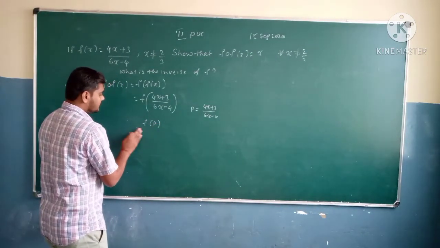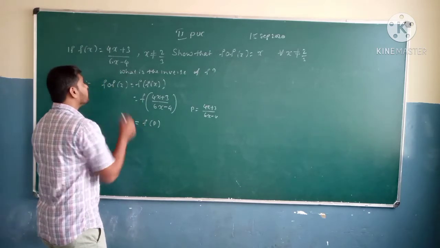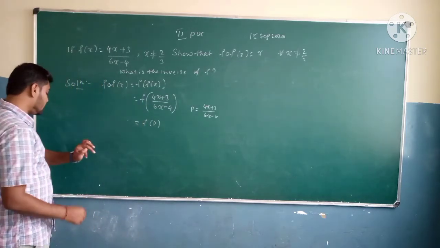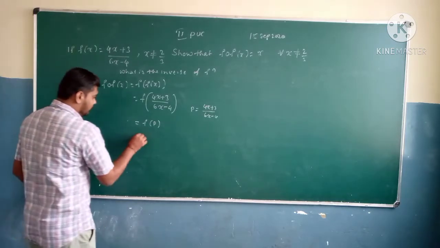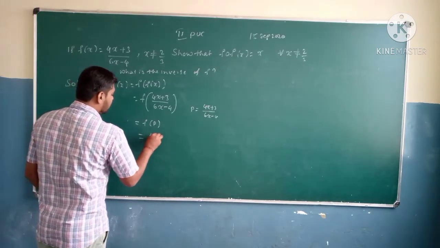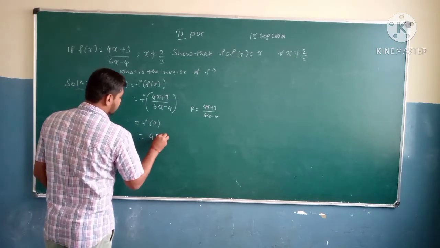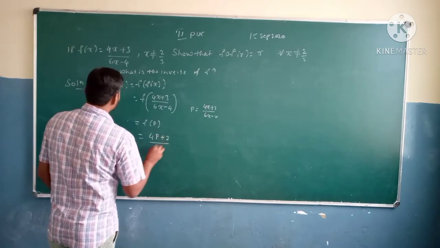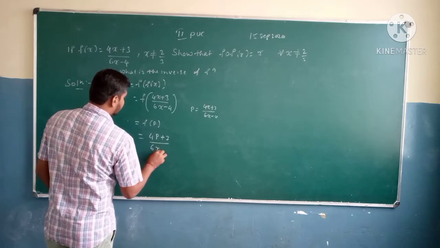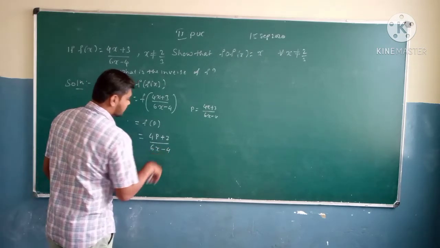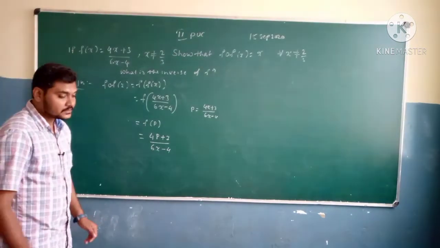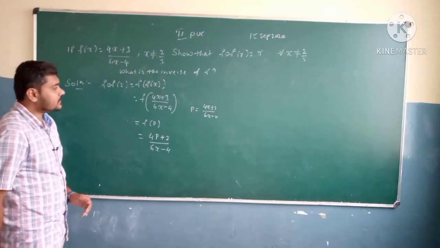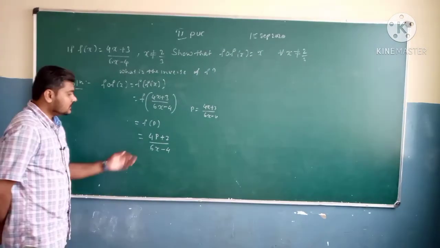If f(x) is (4x plus 3) divided by (6x minus 4), then f(p) is going to be (4p plus 3) divided by (6p minus 4). We already know that p is (4x plus 3) divided by (6x minus 4), so I substitute it in place of p.